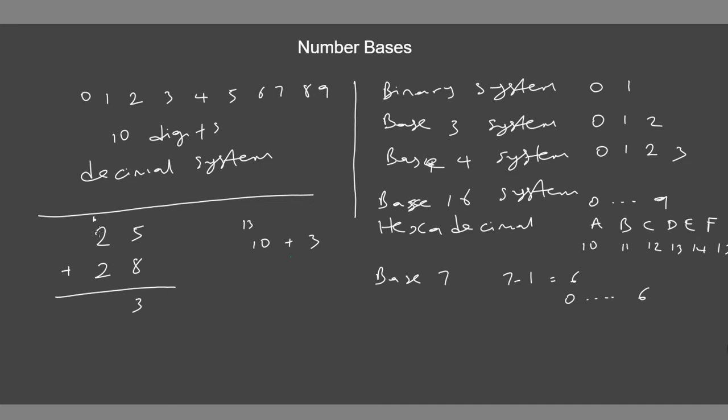Then the 3 added to this 2 gives you 5. And that's the reason why we have 53. The reason why we carry that 1 is because it is in base 10, and that 1 is like a multiple of 10. So in this particular case, it is 10 basically that we are carrying.